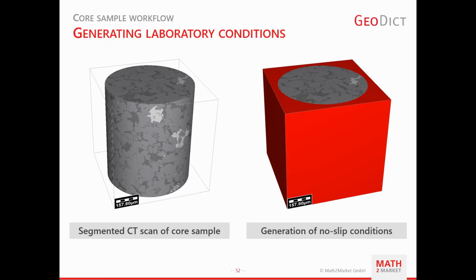When having a segmented CT scan of a core sample, you may reproduce experimental conditions and simulate the permeability according to the lab setup. Therefore, it is important to define the region surrounding your core with a unique material ID. We have already done so for the workshop geometry, but you may also use the GeoDict module to create a cylindrical mask as flow cell material, as shown here in red.